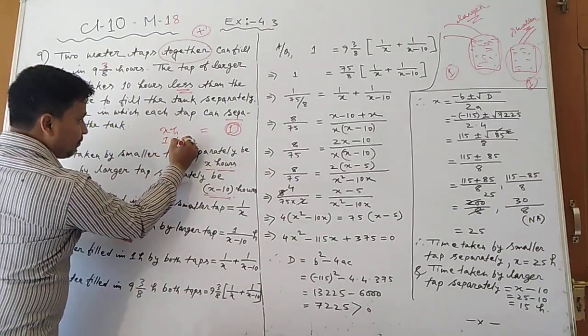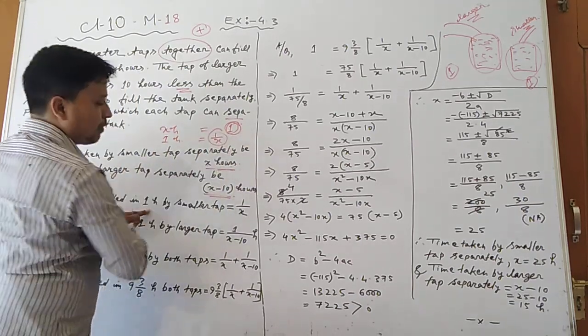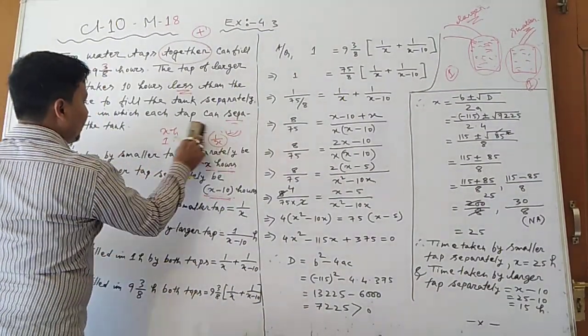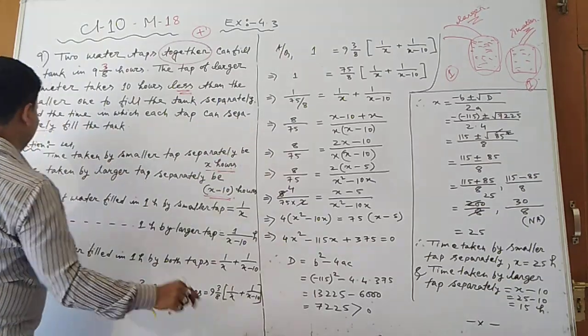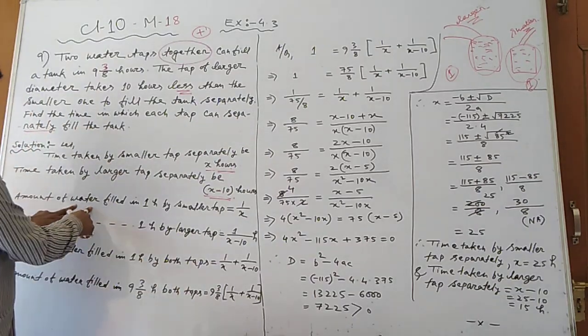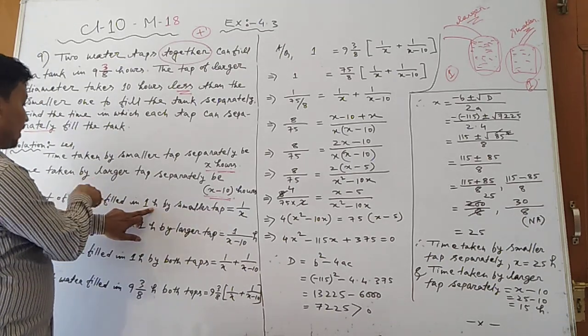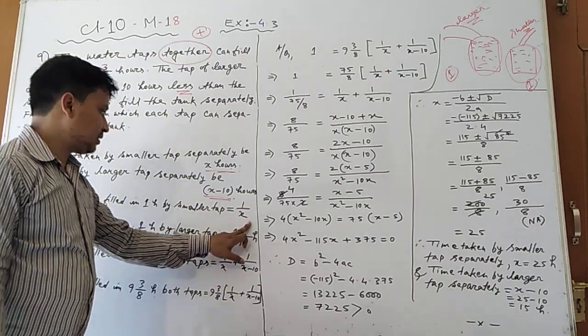In 1 hour time, what amount of work has been done? 1 by x amount of work. So the amount of work done, the amount of water filled in 1 hour, that means the amount of work done by the smaller tap in 1 hour time, that is 1 by x.